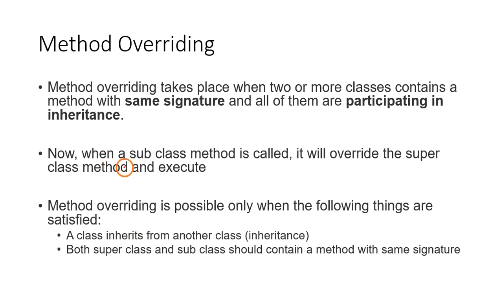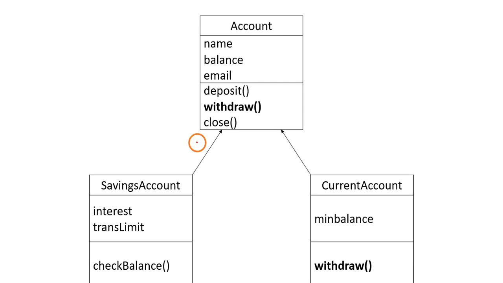When you have withdraw in the parent class and withdraw in the child class, and you create an object of the subclass or child class and call withdraw using this object, which method will execute? I already told you this withdraw is also available in the child class. So which one is going to execute?